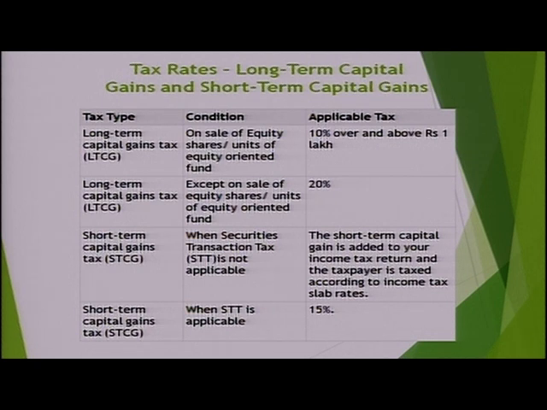Then the applicable tax is 10% over and above rupees 1 lakh. So we understand that up to 1 lakh के ऊपर you don't have to pay any tax if LTCG is there, अगर आप equity shares को 1 साल तक आपने अगर hold किया है.